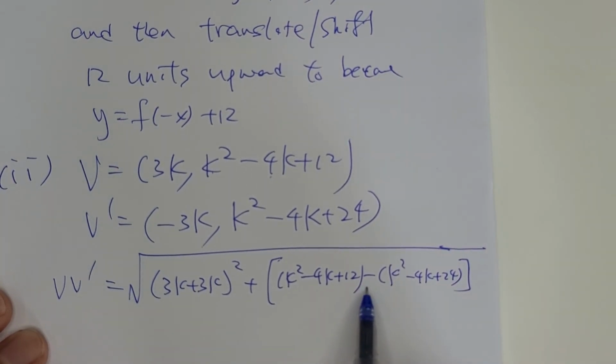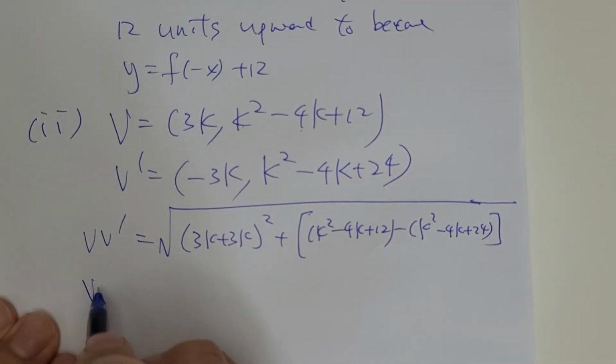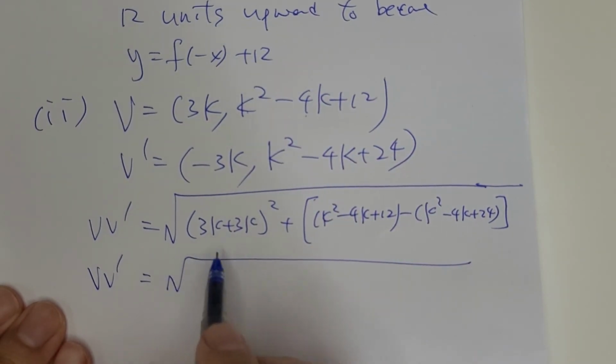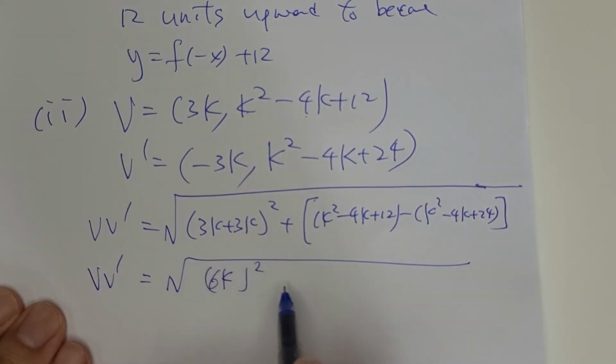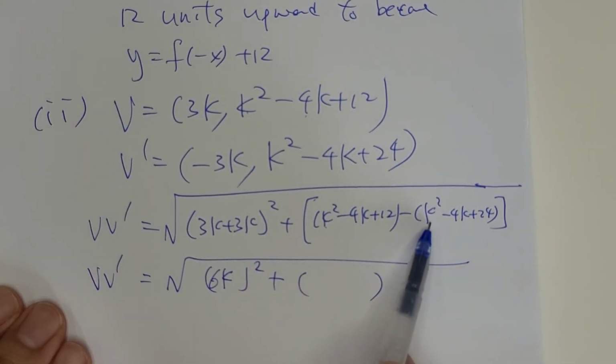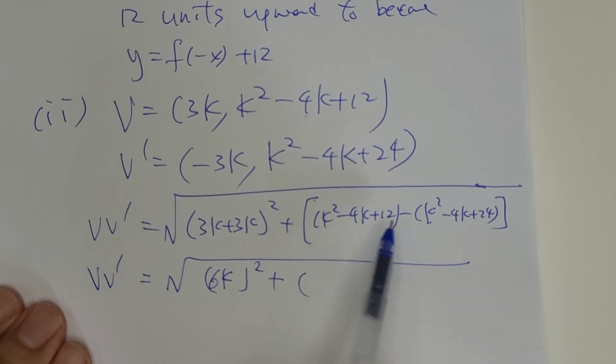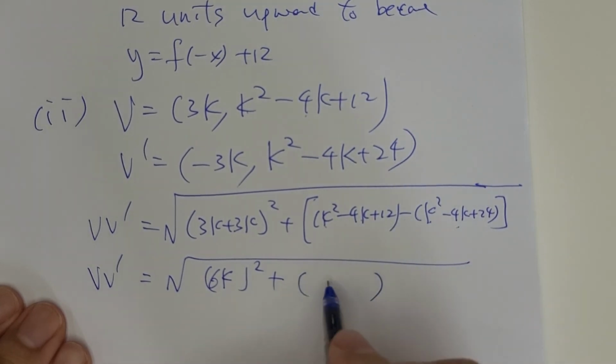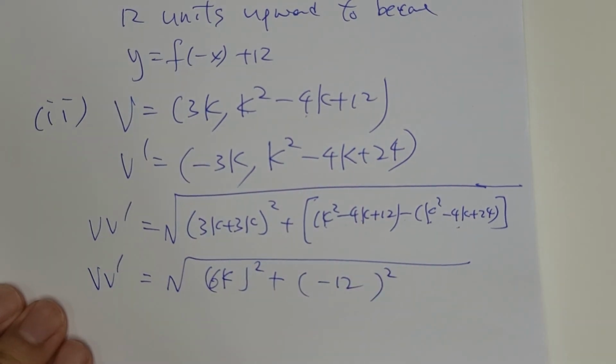Remember, there's a bracket here. So it becomes (6k) squared plus, here k squared minus k squared is 0, negative 4k minus negative 4k is 0, 12 minus 24 is negative 12, and then squared.